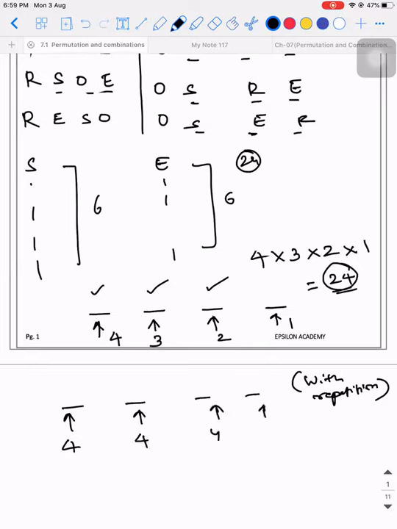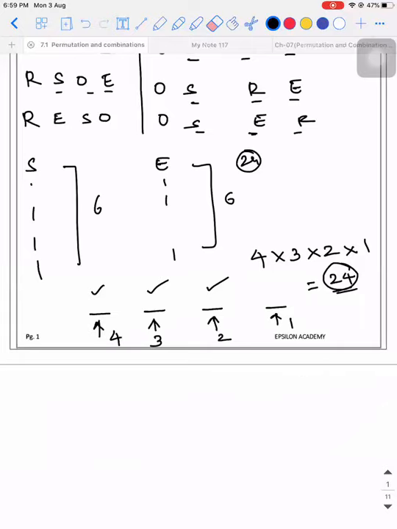Third? 4. Fourth? 4. Answer? You can generate 256 such new words. Okay, sir. Understood. Without repetition it is 24, with repetition 256, sir. Yes.